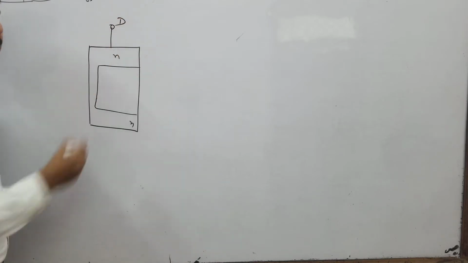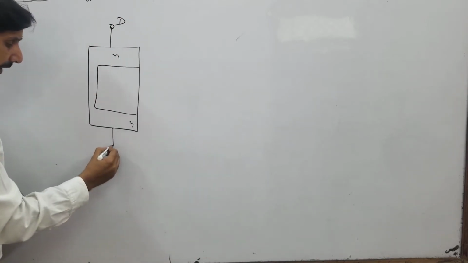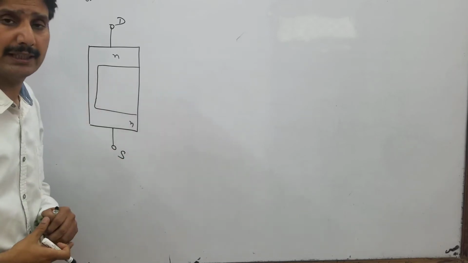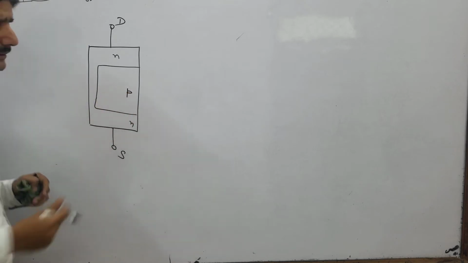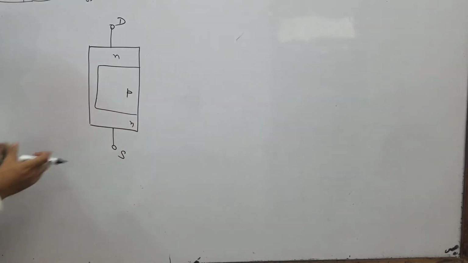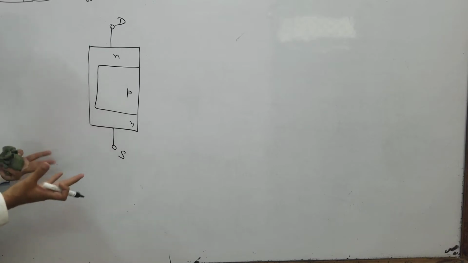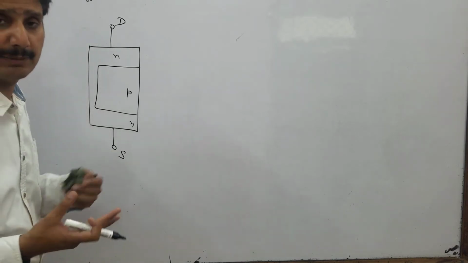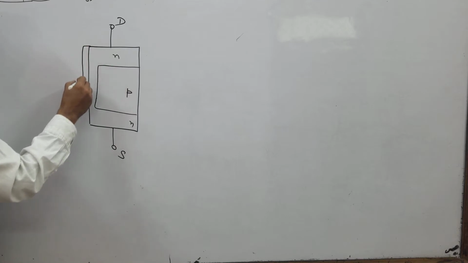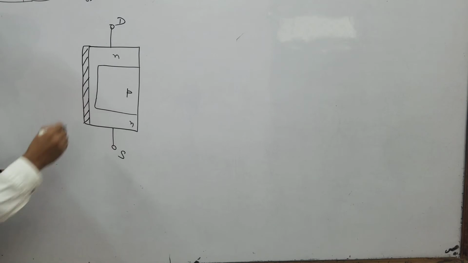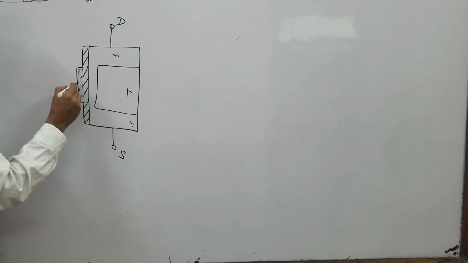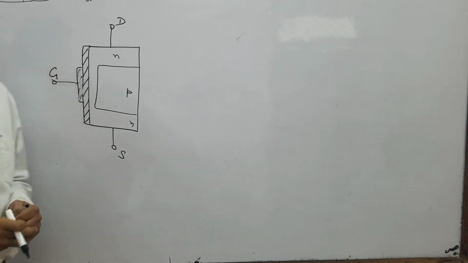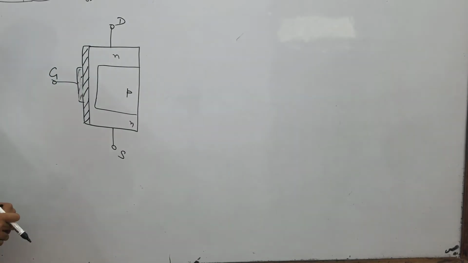One is connected as terminal D, that is drain, the other is connected as terminal S, that is source, and this whole region is P region. This whole thing is heated in the presence of oxygen. Silicon normally forms a silicon oxide layer. Silicon oxide is an insulator, and then we connect a metal region over here, and this metal region is connected to the gate terminal.